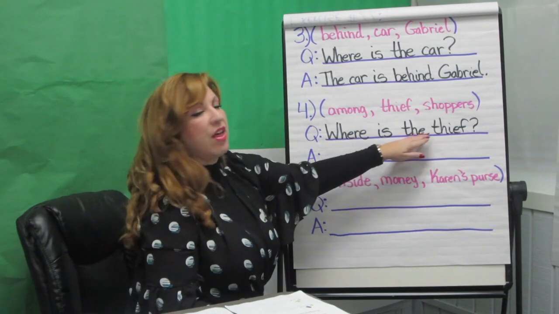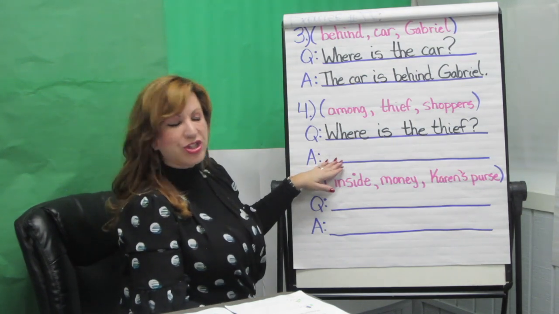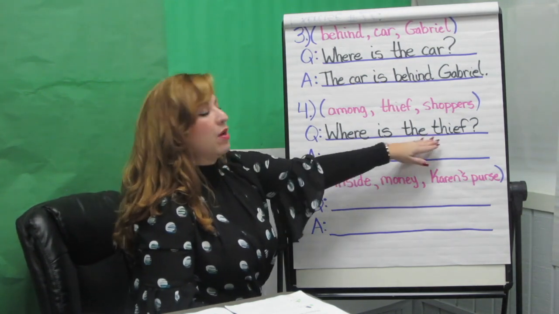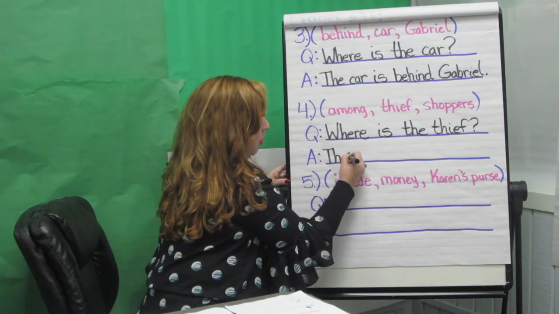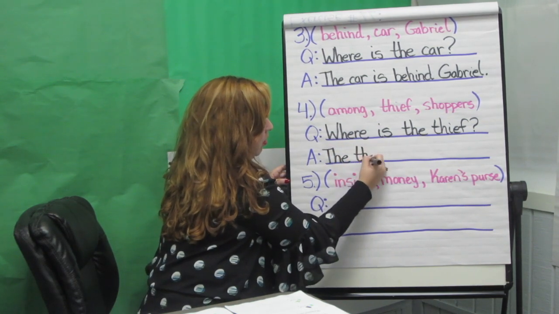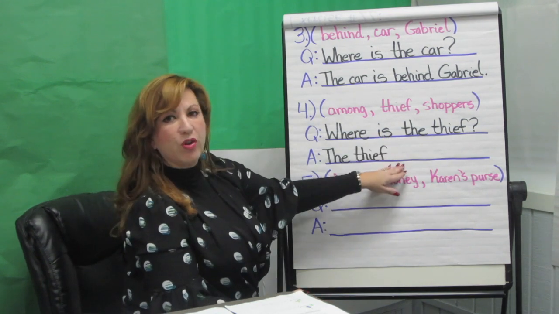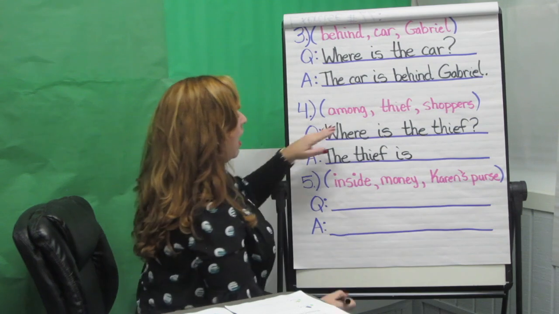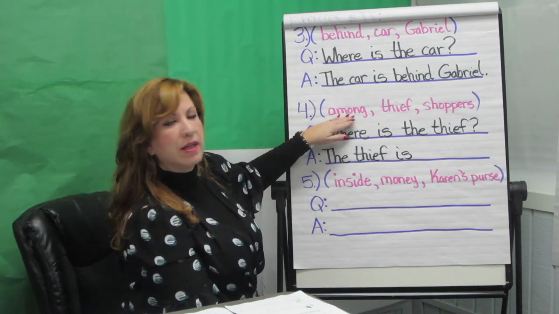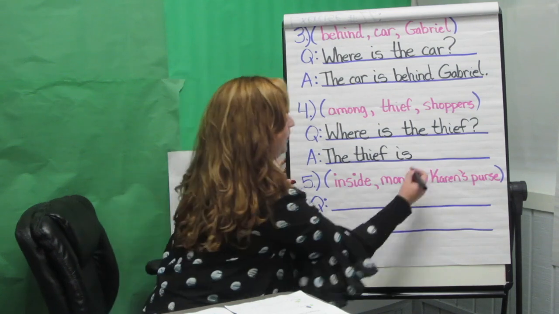Where is the thief? And to answer our question, we're going to begin with our noun. The thief, again, our helping verb is. The thief is among. Among is our preposition.